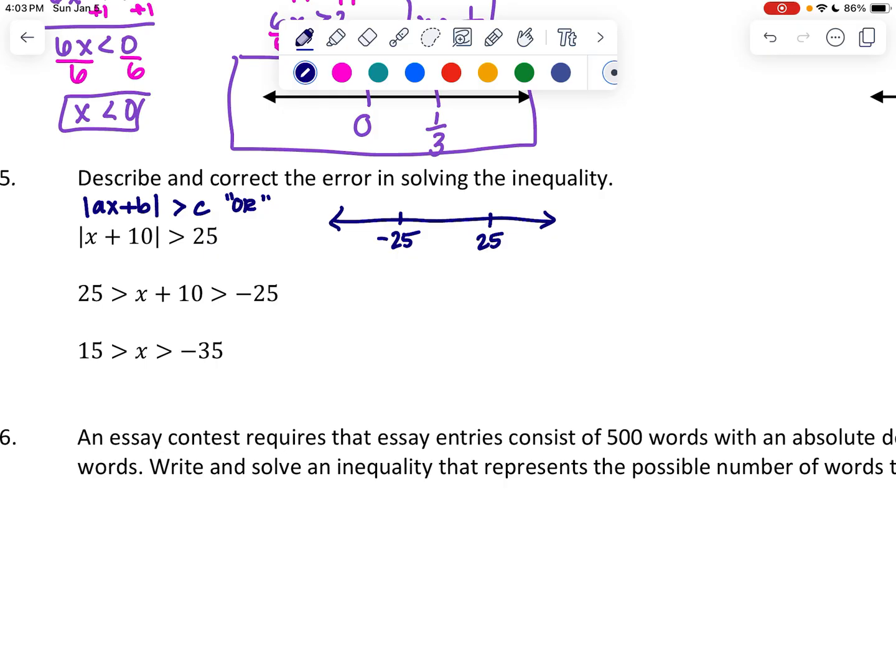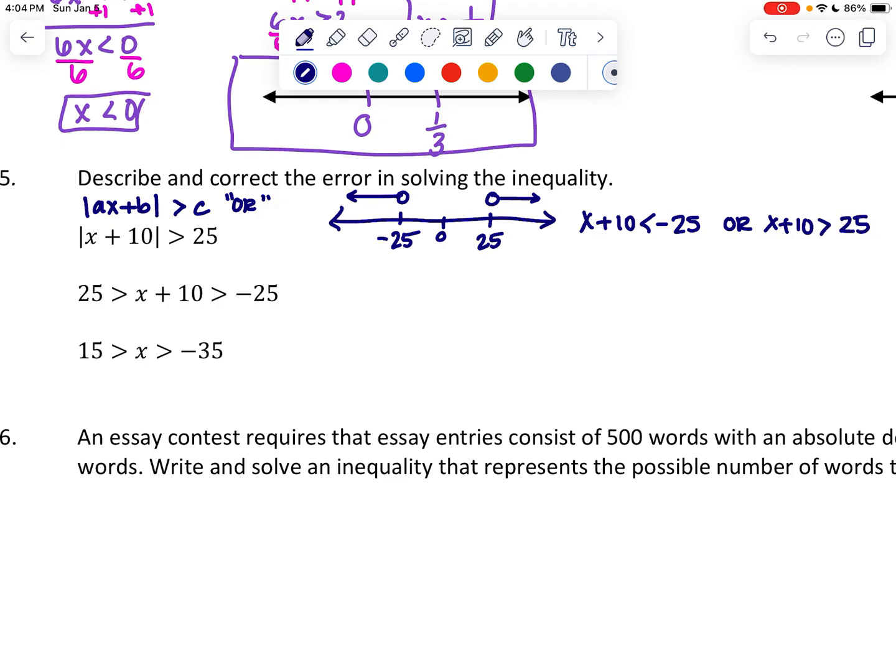So more than 25 spaces away means I'm going this way, or I'm going that way because 0 is in here in the middle. So that means I should have x plus 10 is less than negative 25, or x plus 10 is greater than positive 25.